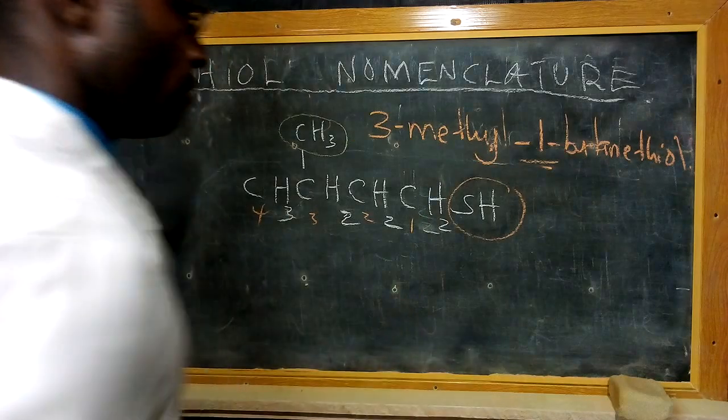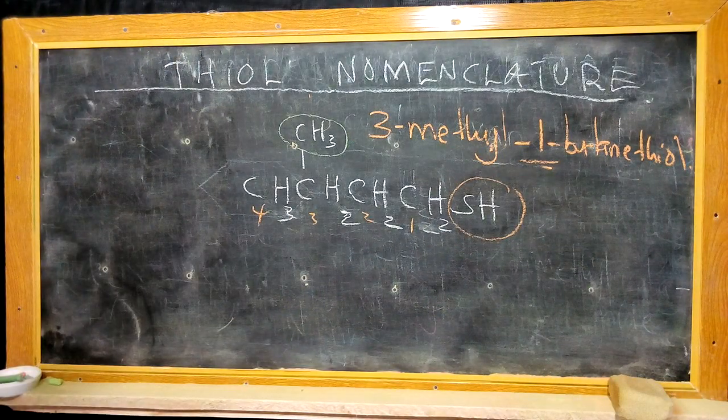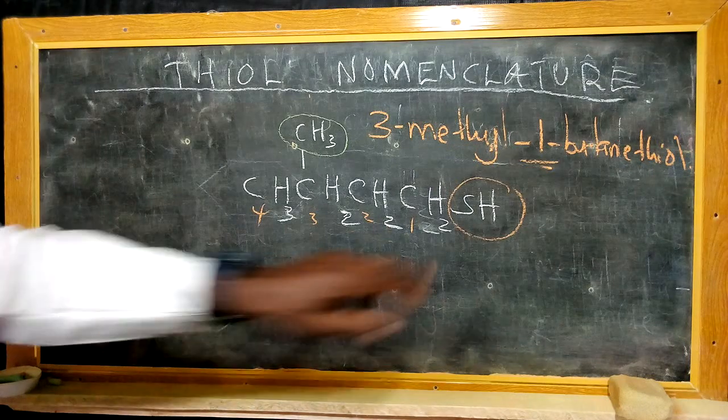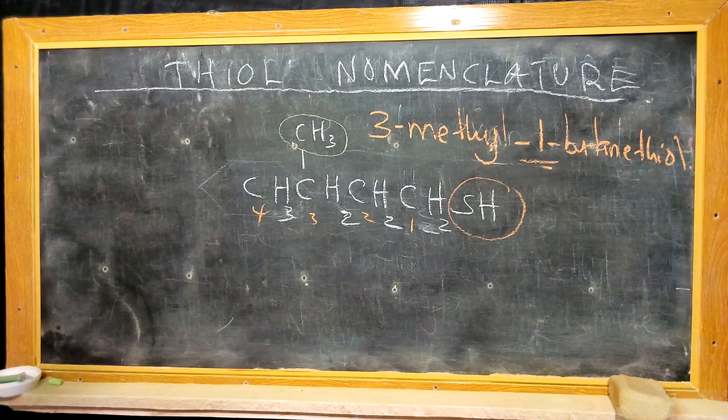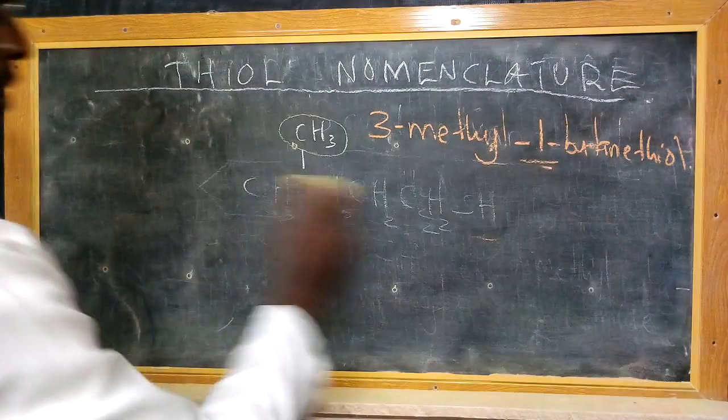So the number that is appearing here designates the carbon number at which the sulfur group has been attached. So we have the name as 3-methyl, 1-butanediol.